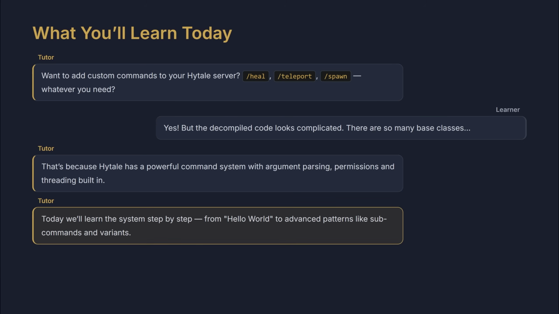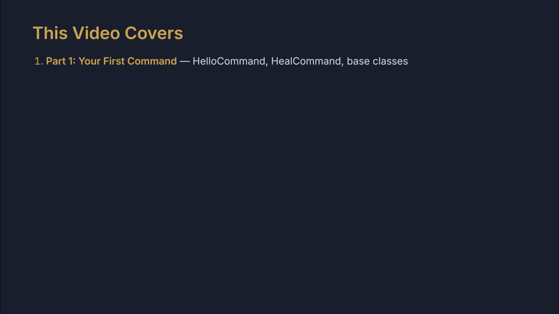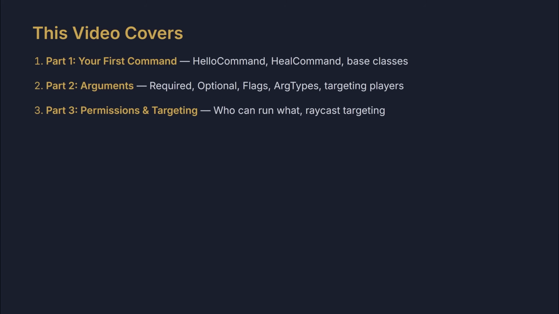Today we will learn the system step by step, from your first hello world to advanced patterns like subcommands and variants. This video covers your first command, then we will go into arguments: required arguments, optionals, flags, and so on. We will go into permissions and targeting, like who can run what, and I will show you something called Raycast targeting.